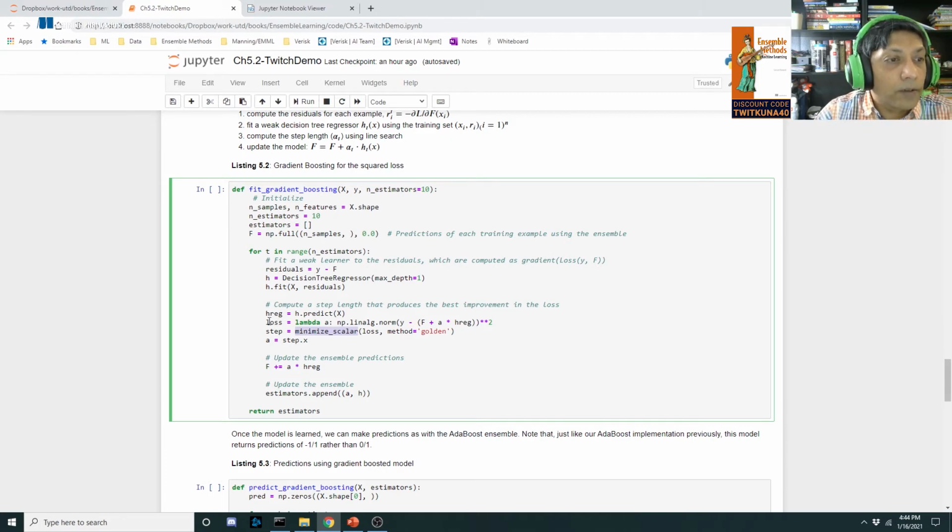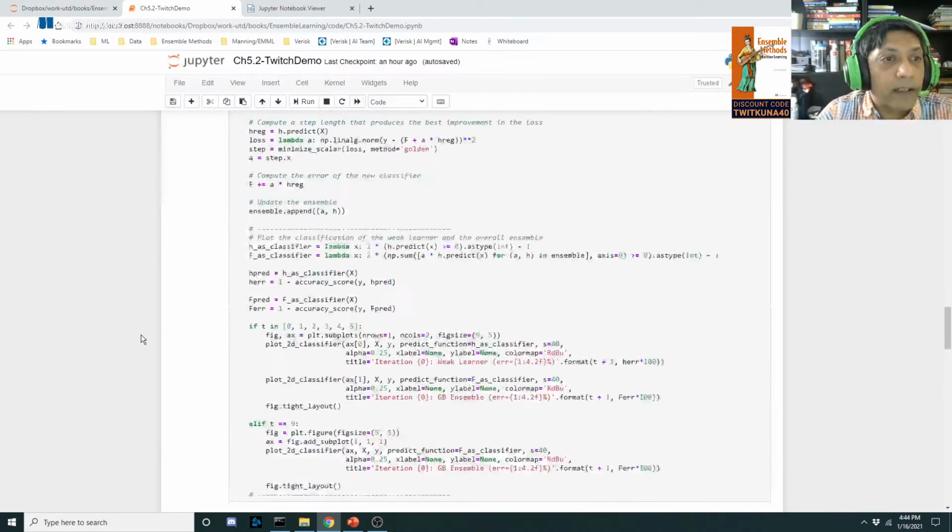These 3 steps over here essentially implement this line search procedure, which tells you how far you want to go. That helps us compute this alpha over here, and then we update our ensemble predictions. So our F, the model that we've learned, is going to be our line search times this new regressor, this weak learner that we've learned, and we append them all.